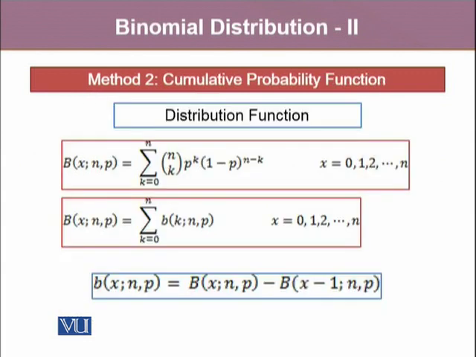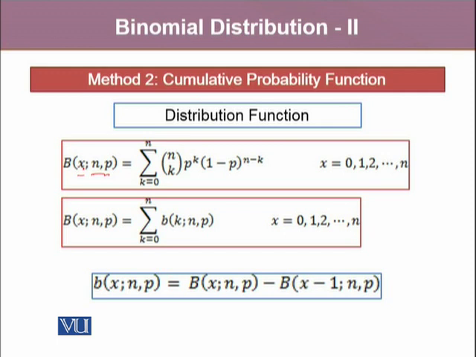We can also use the cumulative probability function of the binomial probability distribution, which is also known as the distribution function. This distribution function is denoted by capital B(x, n, p), where n and p are the 2 parameters of the binomial probability distribution, and x denotes the possible number of successes from the trial.